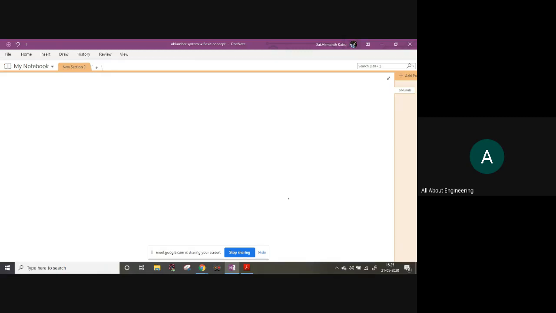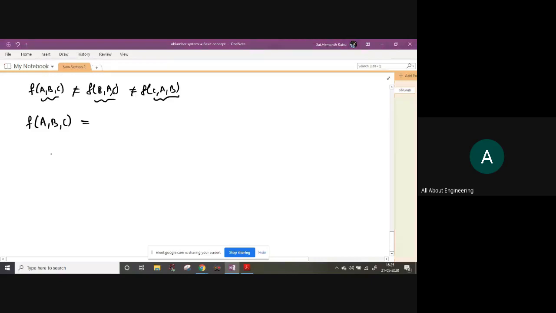So for that, let me write a small function. See, order is very important. F of A comma B comma C might or might not be equal to F of B comma A comma C, might or might not be equal to F of C comma A comma B. So the order in which you write these variables is very important. Let me write this as F of A, B, C. This is some function I don't know.